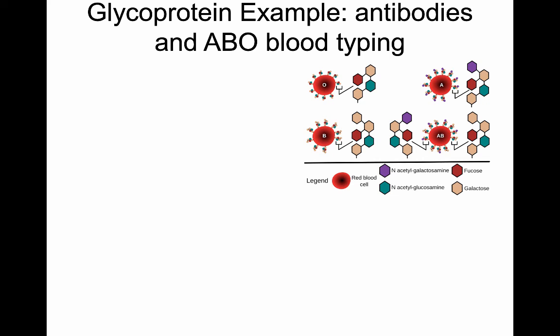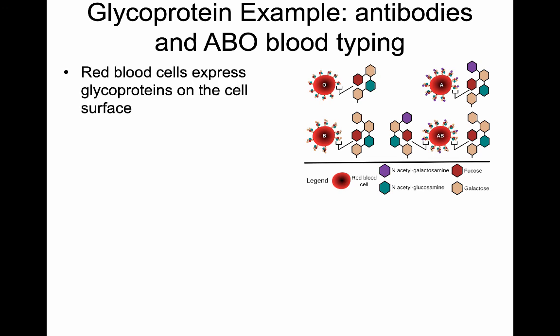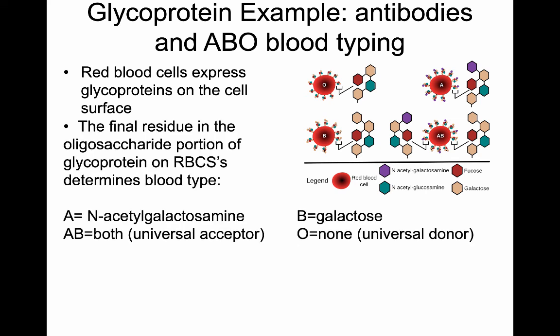A really important example of glycoproteins are antibodies and ABO blood typing. Red blood cells express glycoproteins on the cell surface, and the final residue on the sugar part of the glycoprotein is going to determine your blood type. If you have A blood type, then you have N-acetylgalactosamine as the final sugar.